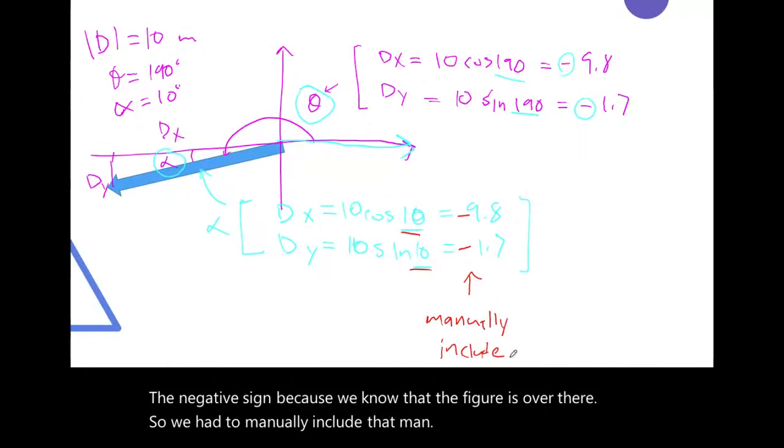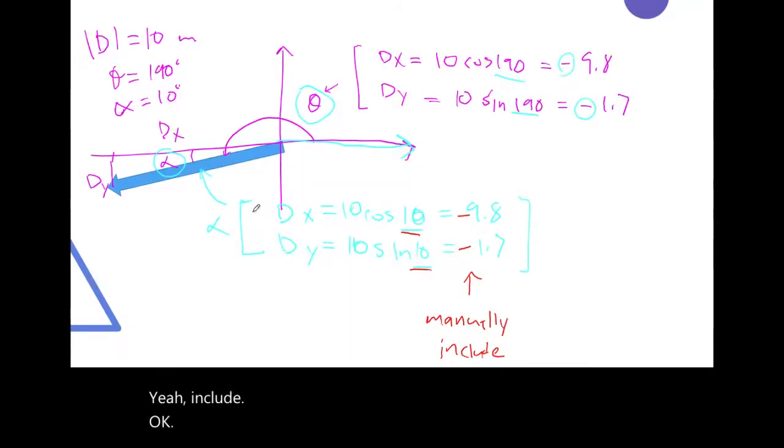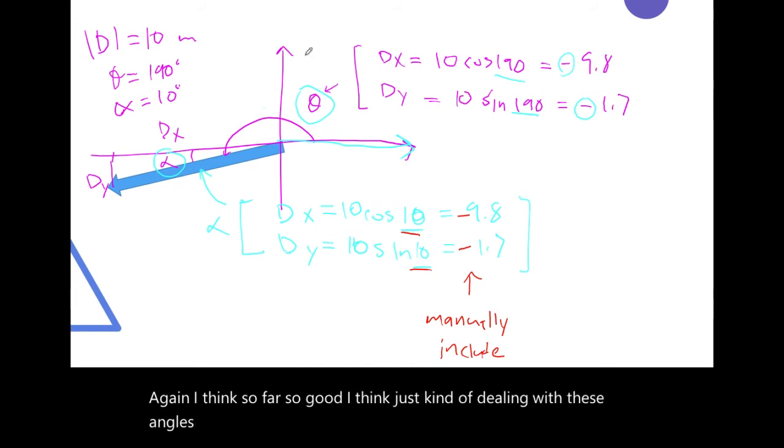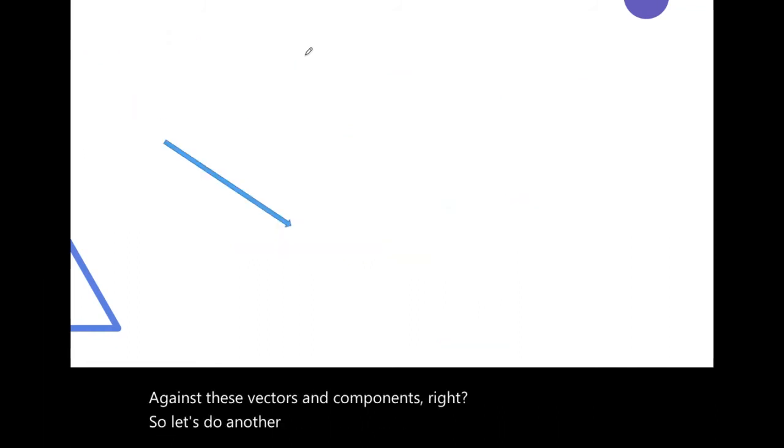Okay. Again, I think so far so good. I think dealing with these angles might be the most tricky part of these vectors and components, right? So let's do another example.